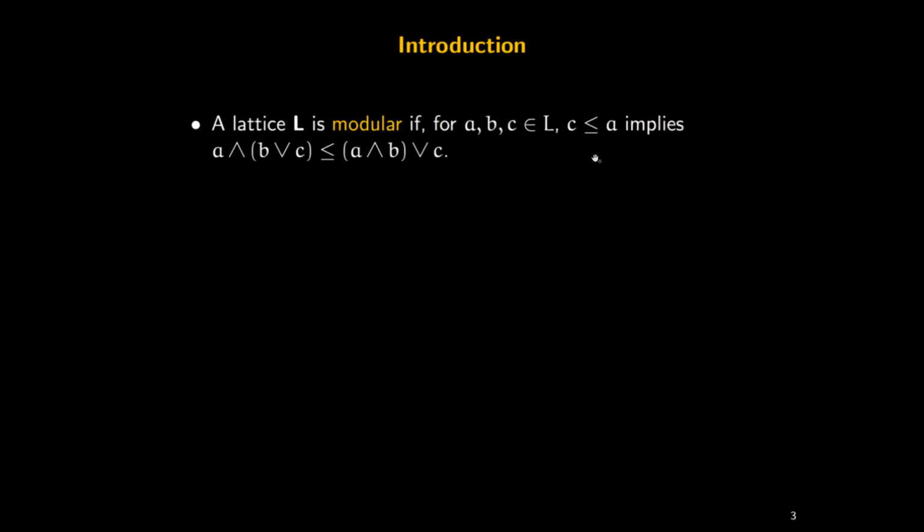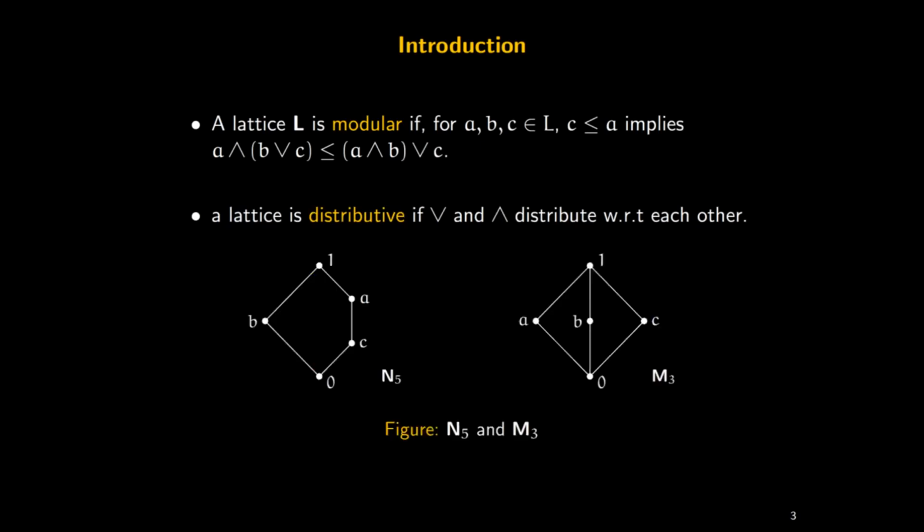A lattice is modular whenever, taking a, b, and c with c less or equal a, then (a meet b) join c is less or equal to a meet (b join c). Distributivity, of course, I will not display: these are the two laws obtained when join and meet distribute with respect to each other.